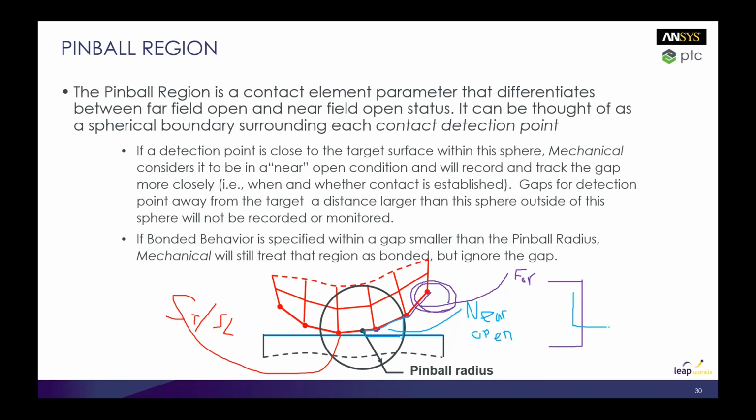If you've got one part penetrating into another, the pinball has to be big enough to see that it's got what we call a negative gap or an interference.